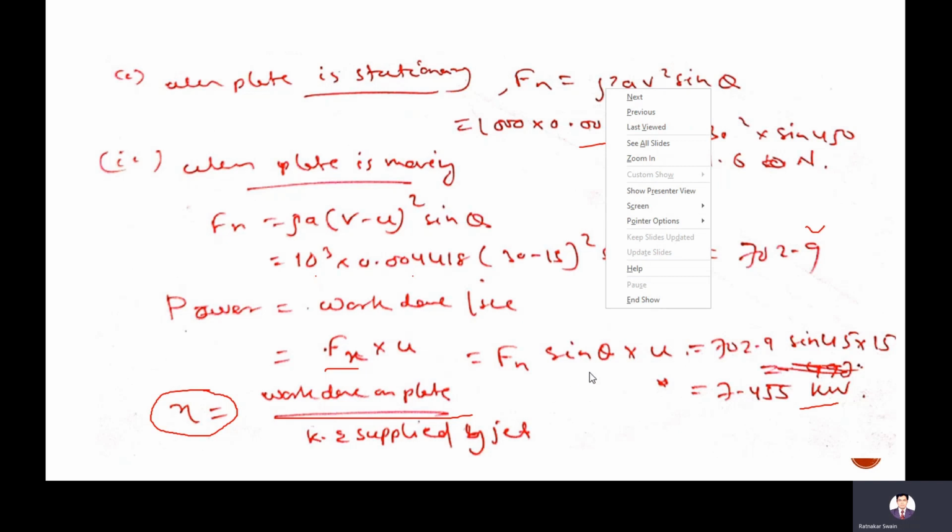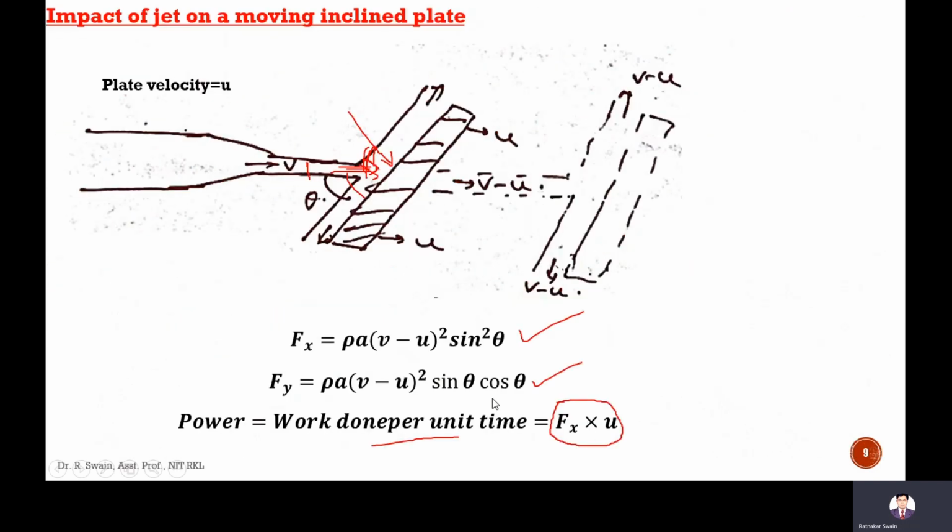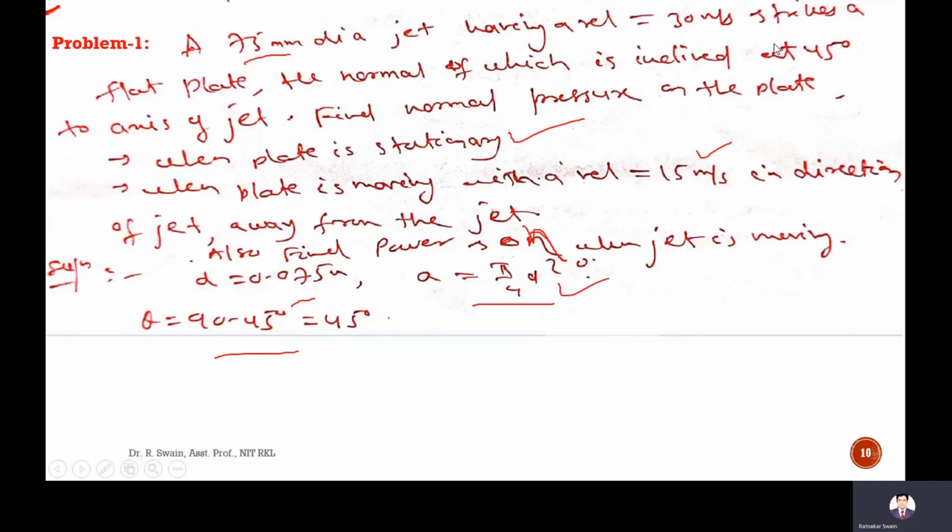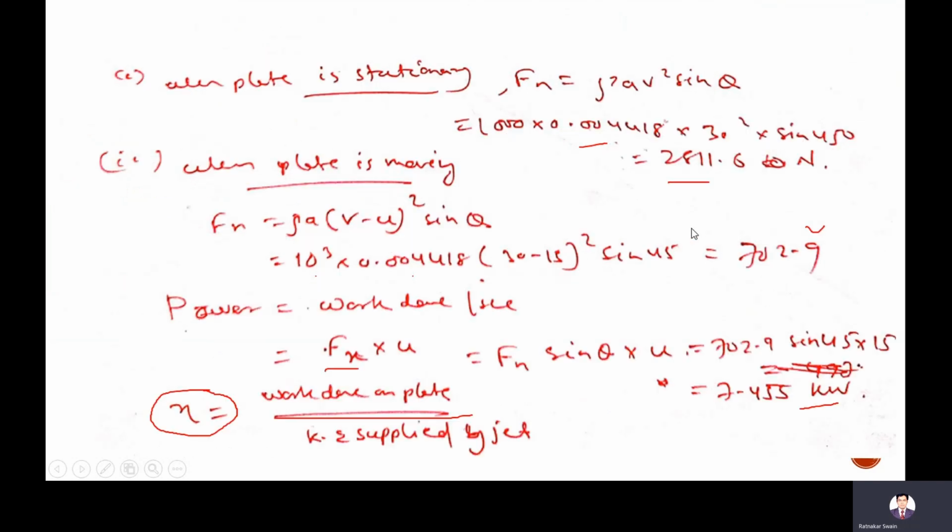The kinetic energy supplied is half m v square, with the velocity 30 meter per second. The work done we have calculated, and from this we can calculate the efficiency. Thank you so much.